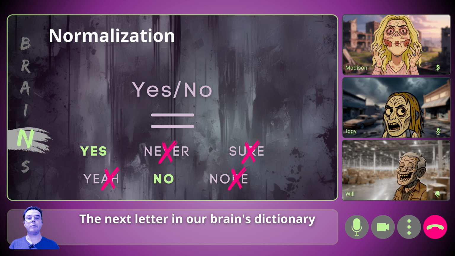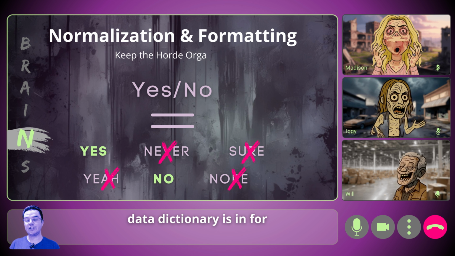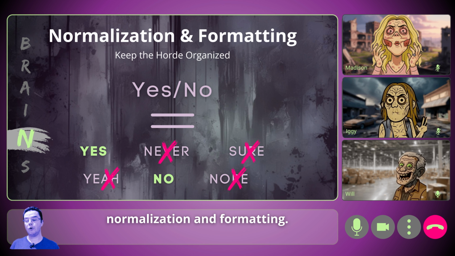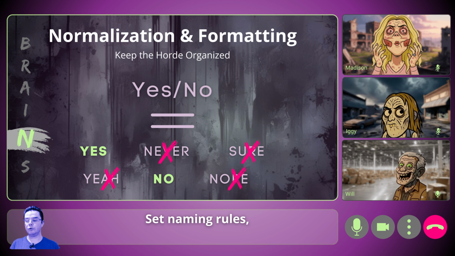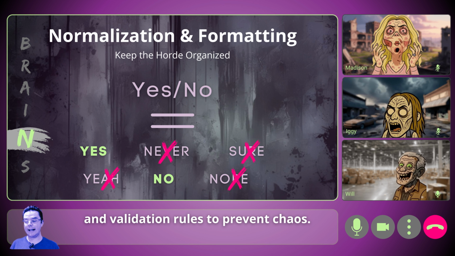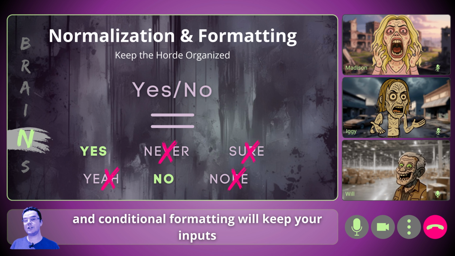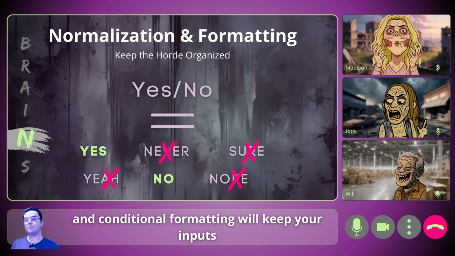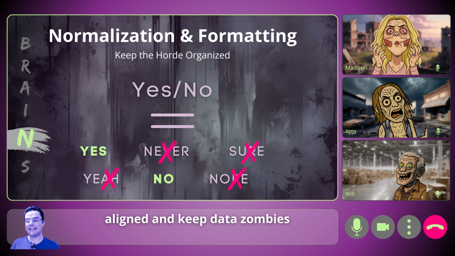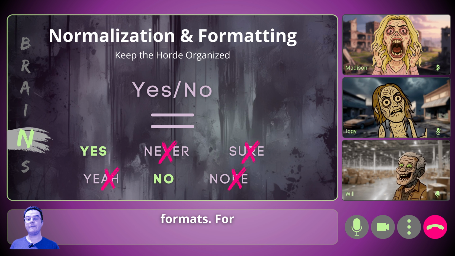The next letter in our B.R.A.I.N.S framework for a better data dictionary is N for normalization and formatting. Set naming rules, allowed values, and validation rules to prevent chaos. Drop downs, formatting standards, and conditional formatting will keep your inputs aligned and keep data zombies from sneaking in with inconsistent formats.